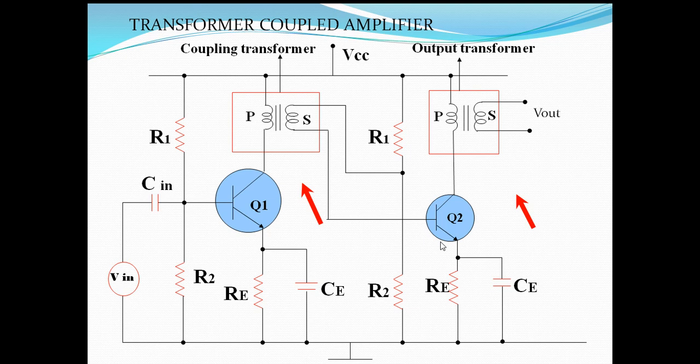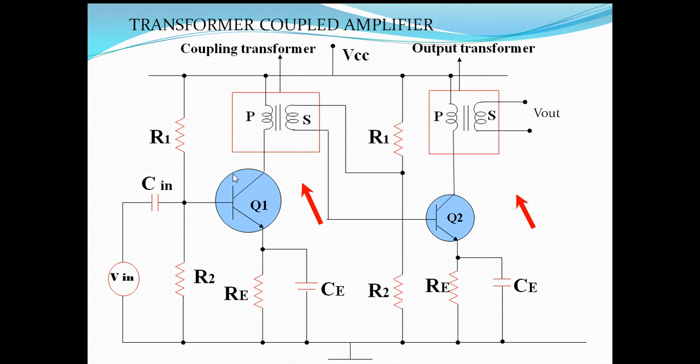So both the stages are common emitter configurations, and they are connected or coupled through a transformer, primary and secondary winding. Therefore, it is called a transformer coupled amplifier.